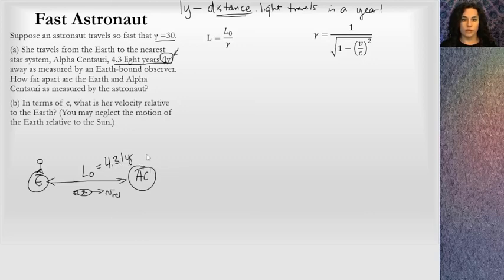Okay. So now that we have that, we're given gamma, we have the proper length, so we can find the contracted length. So we're going to put 4.3 light years in here and divide by gamma, which I know is 30. And so the person on the ship measures the distance between the Earth and Alpha Centauri as 0.1433 light year.